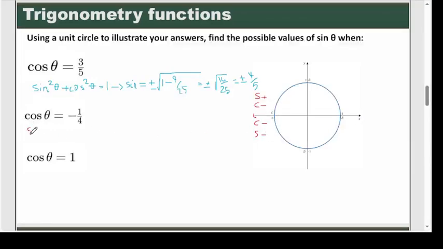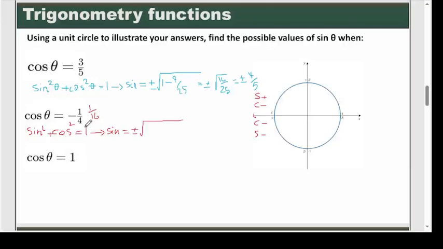Anyway, I write sine to the power of 2 plus cosine to the power of 2 equals 1. Again, I say sine equals positive or negative. I bring this cosine to the power of 2 to the right side. That's 1 minus 1 over 4 to the power of 2, which gives me 1 over 16.